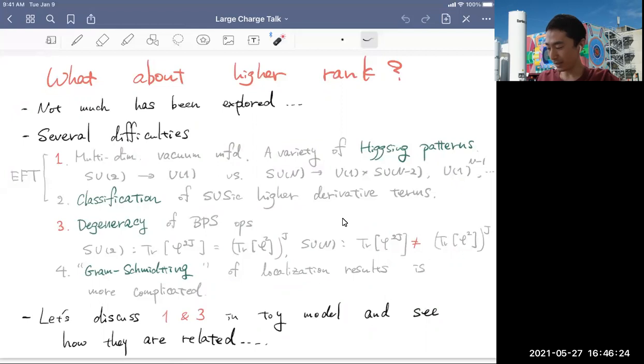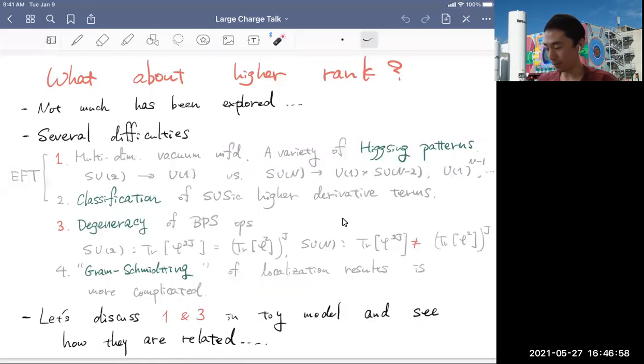The last point is a little more technical, and I think it's only for people who have actually worked on the subject. If you want to get the results from localization, you cannot really take the localization matrix model directly, but you need to orthogonalize the operators that you get from the localization, because the localization gives you the correlation function on a sphere, but you need to translate that to the correlation function on flat space.